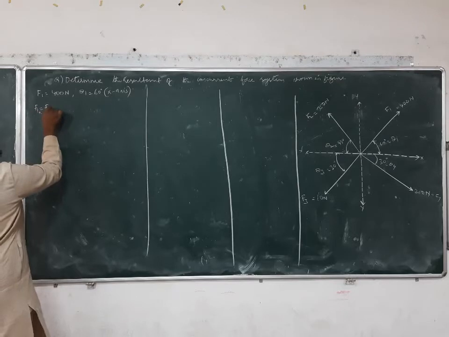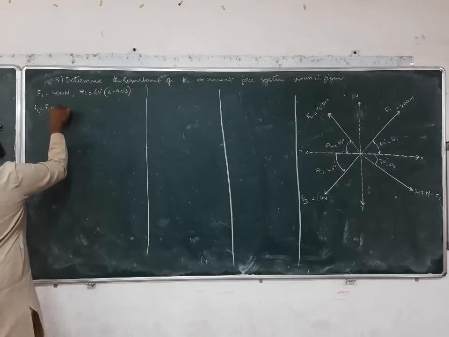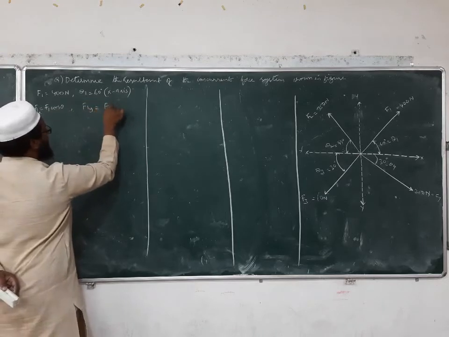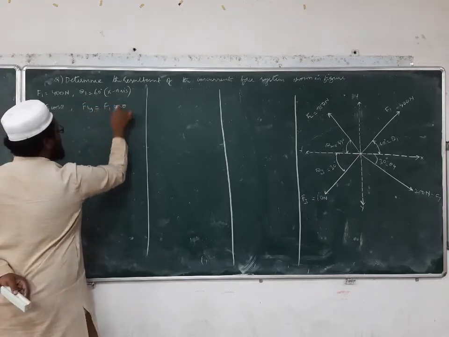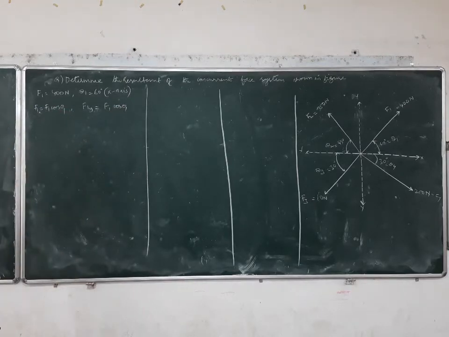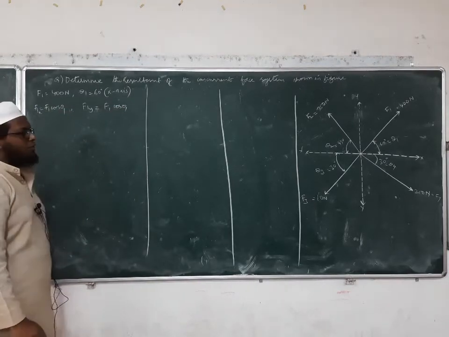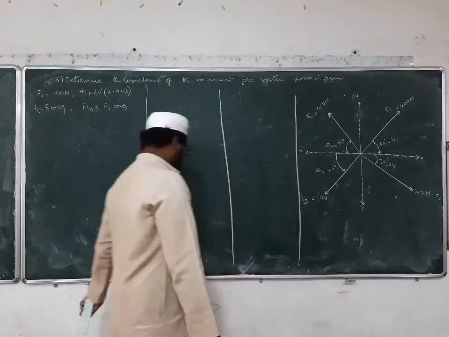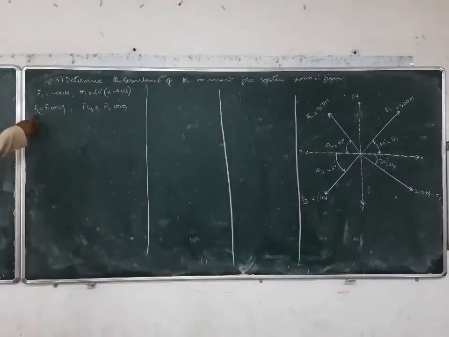F1x is equal to F1 cos θ1, and F1y is equal to F1 sin θ1.